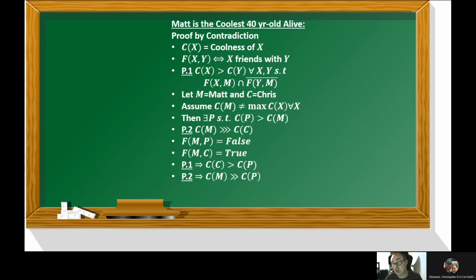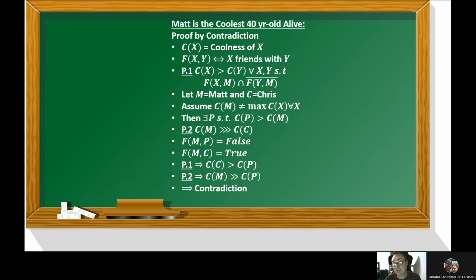However, by property two, we already know that Matt, c(m), the coolness of Matt, is much greater than c(c), the coolness of Chris. And by the transitive property, since c(m) is much greater than c(c) and c(c) is greater than c(p), it follows then that c(m) is actually much greater than c(p).